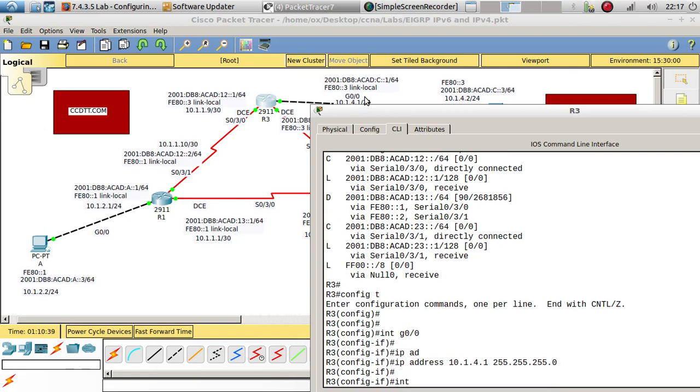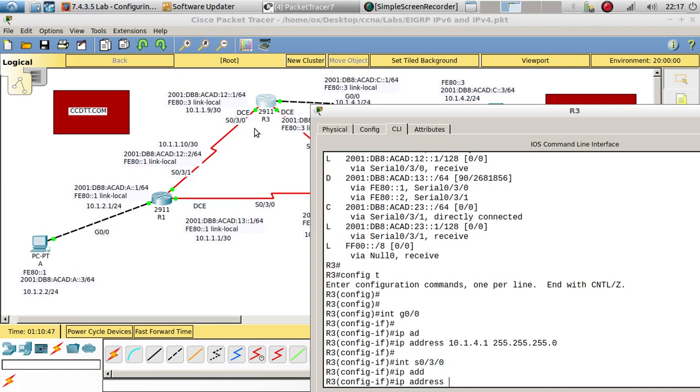Okay, now let's configure the other interfaces, the serial interfaces. 0.30, right? And the IP address for that is going to be 10.1.1.9 /30, 252.